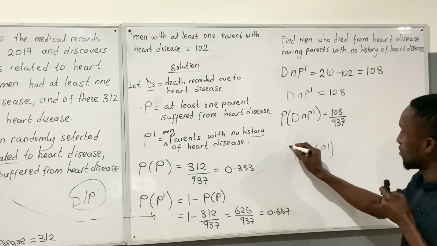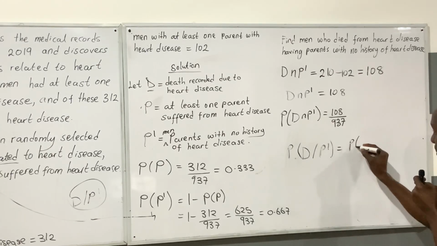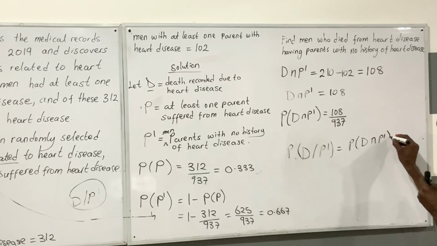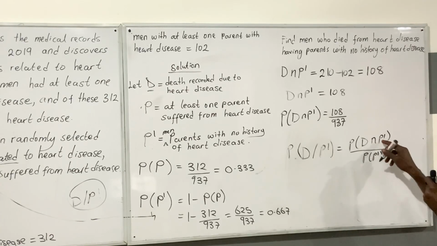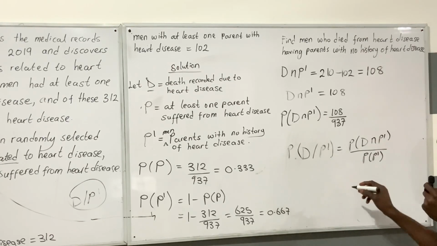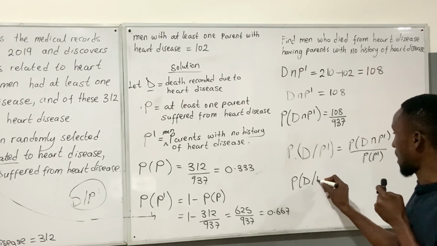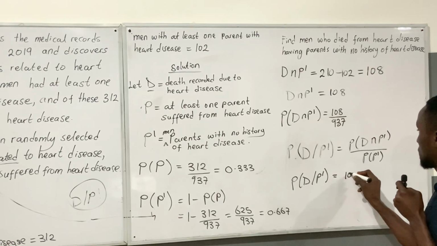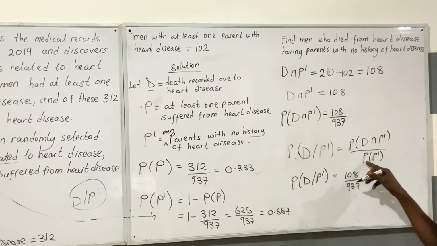P1. Now the probability of this is going to give us the probability of D intersection P1. So we write the formula, divided by probability of what? P1. And we already know this result. So this is going to give us P of D given P1 has occurred, giving us 108 over 937 divided by probability of P1.